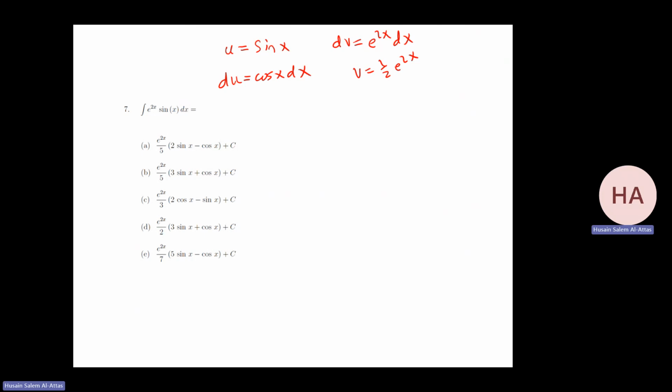So this integral will be half e to the x sine x minus the integral of half e to the x cosine x dx. I need to do integration by parts again.